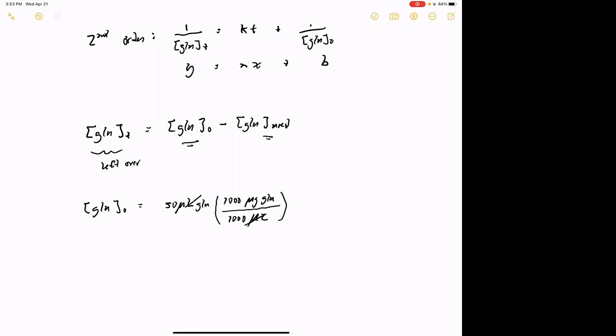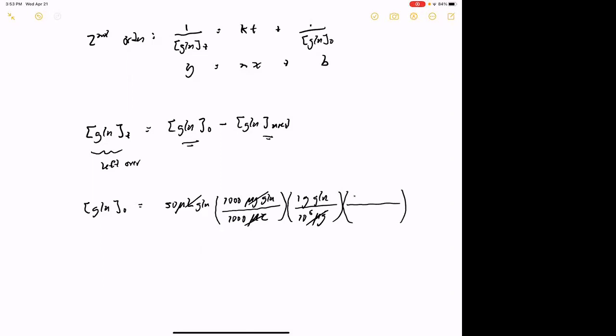Let's convert that to grams because we've got to get everything in terms of molarity, basically. We know that 1 gram of glucose is the same thing as 10 to the 6th micrograms of glucose, so micrograms will cancel with micrograms. Now I can use the molar mass of glucose to get me to moles.